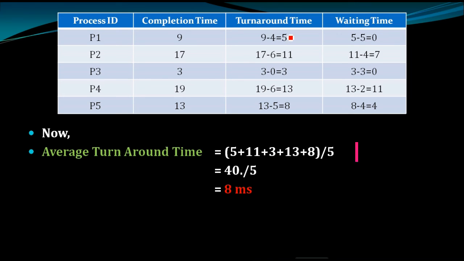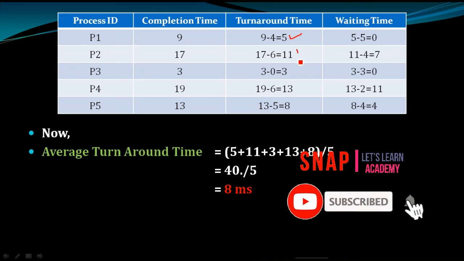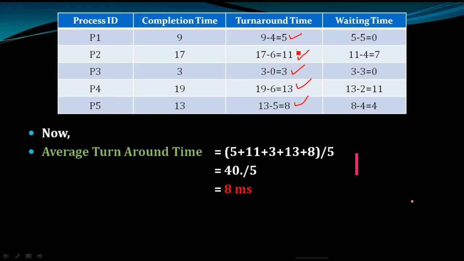These are the turnaround times of the processes P1, P2, P3, P4 and P5. Average means we calculate over all 5 processes, so we add the turnaround times and divide by the number of processes, 5. So we get 40 divided by 5, that is 8 milliseconds. This is the average turnaround time.